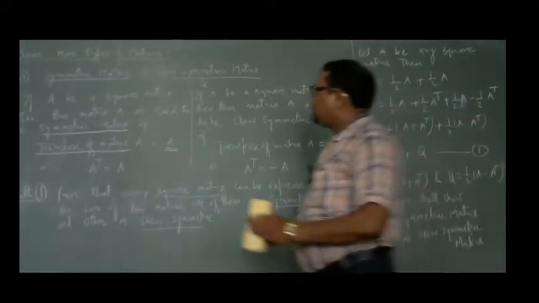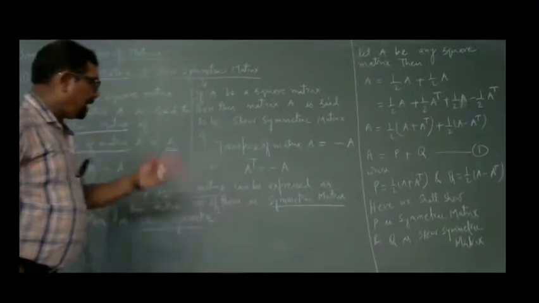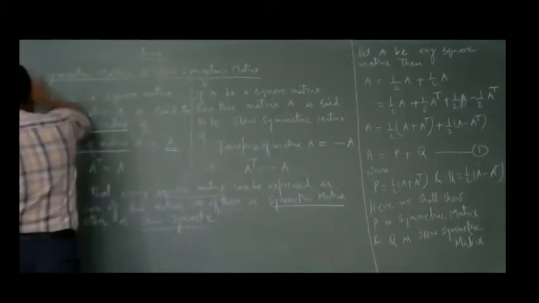Here we shall show P is a symmetric matrix and Q is a skew symmetric matrix.